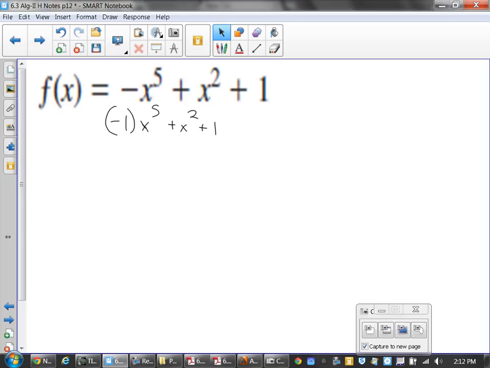Write it like that. Make sure you put that negative 1 within the parentheses. What that allows you to do is that it'll force you to remember what you're doing when you substitute in. It'll force you with your order of operations not to make 2 negative. And I'll show you here in a second. You'll pick up on it real quick.